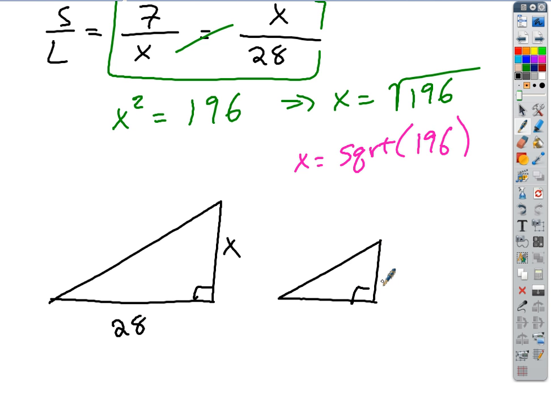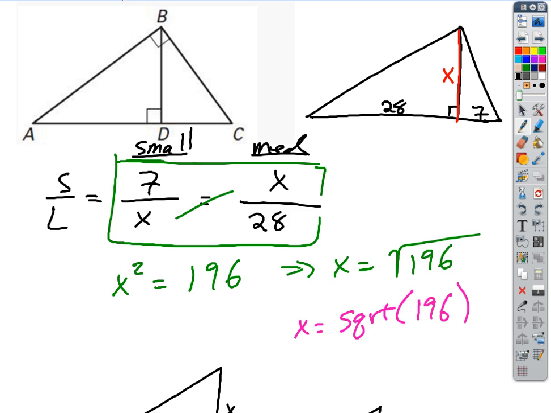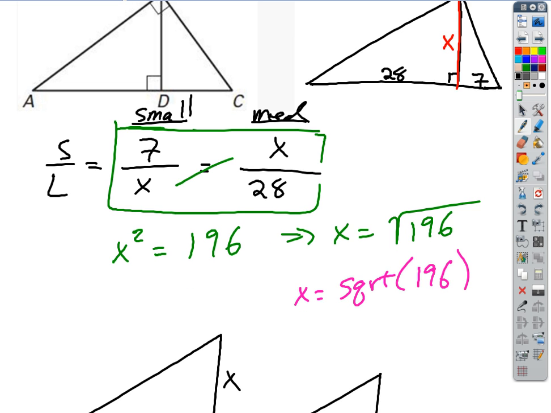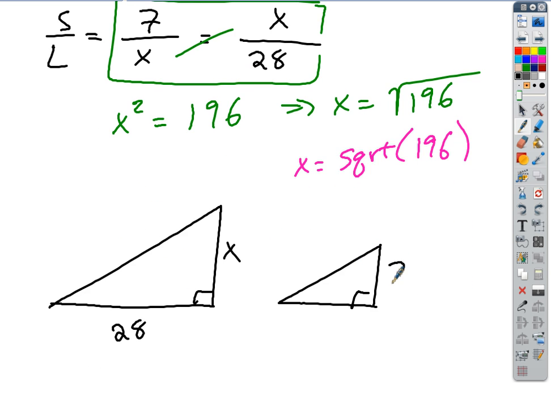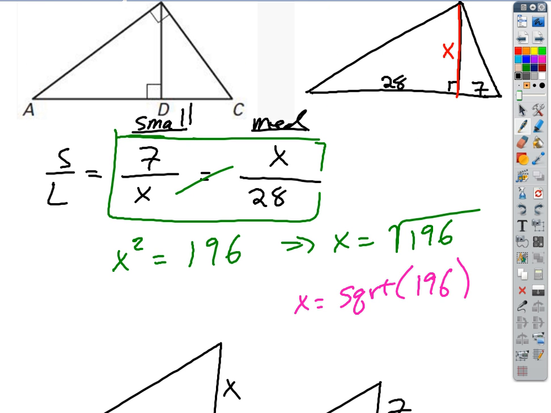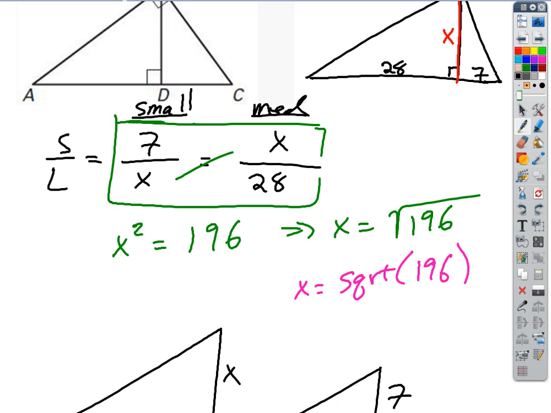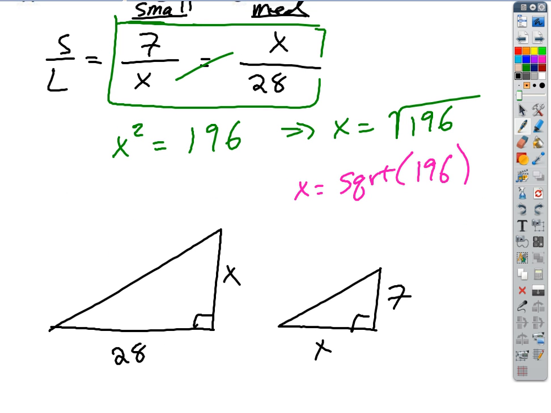Now for the small triangle, remember 7 is the short leg, so that's got to go there. And x is the long leg. What we've really done is we've just taken this thing and just kind of done that to it with the small one, right? And then it's pretty easy to see that when we set up our similarity ratios, small to big is 7 to x, right? 7 over x would equal x over 28.